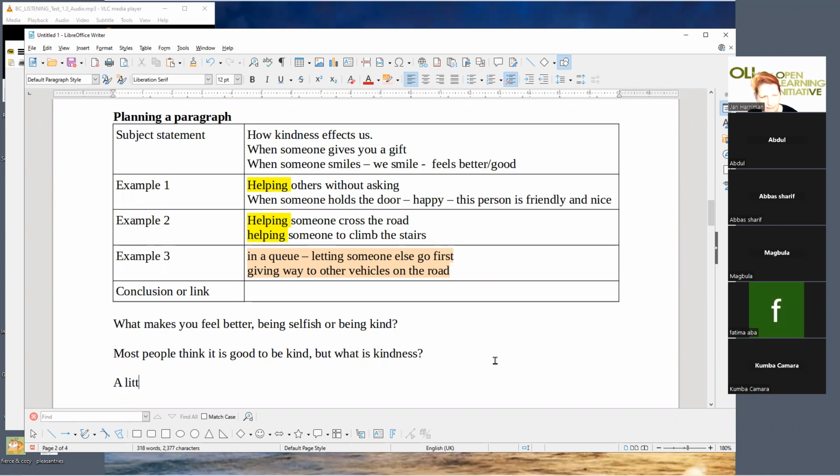See if we can find a statement. A little kindness makes the world a bit nicer and feels good too.